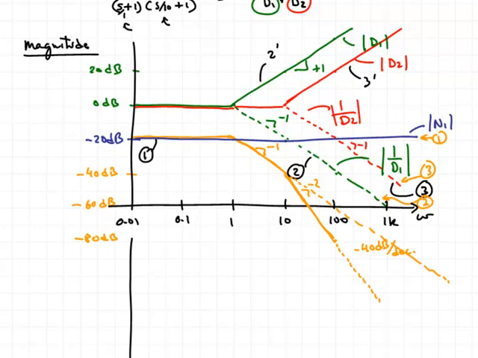So if you have a slope of +1, such as here, you would incur asymptotically plus 90 degrees. If you had a slope of -1, like here, asymptotically you will incur minus 90 degrees.